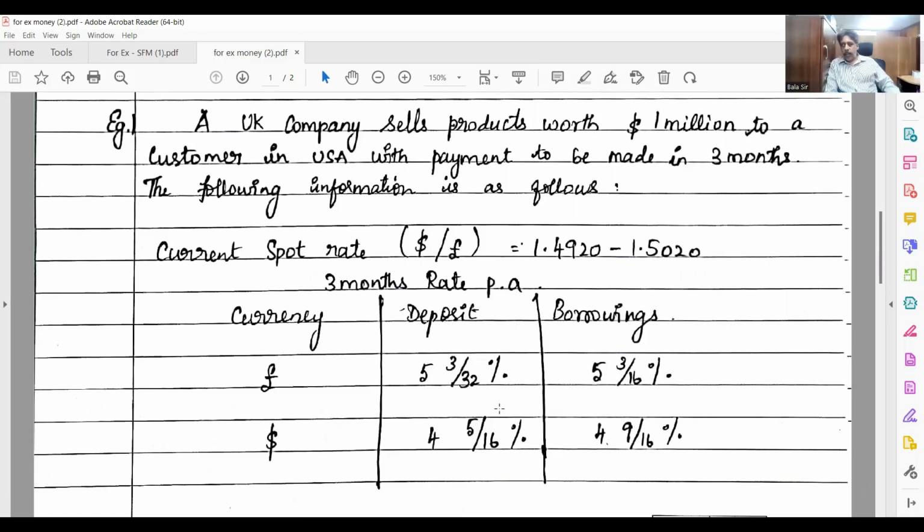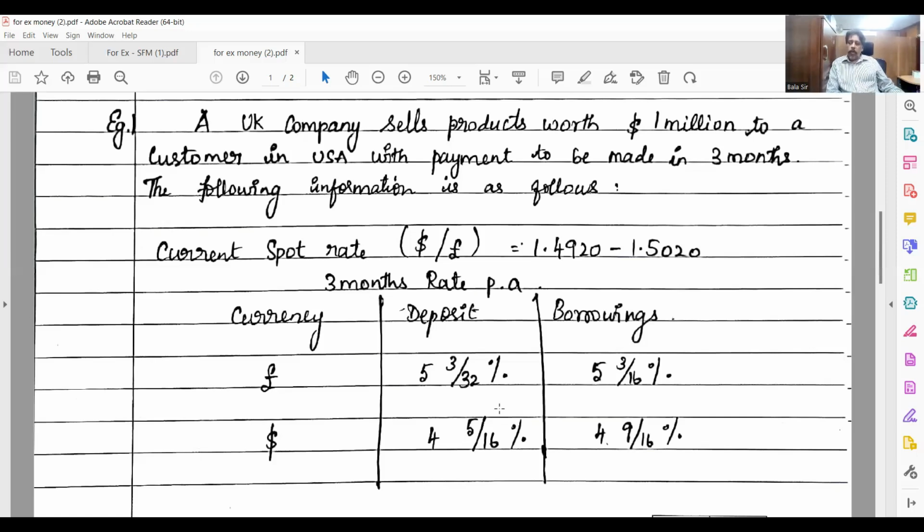Now, there is a problem. You exported goods worth US dollar 1 million today, but you're going to get this amount from that foreign customer only after 3 months. You don't know what the exchange rate will be after 3 months. So the number of pounds you get might be less.